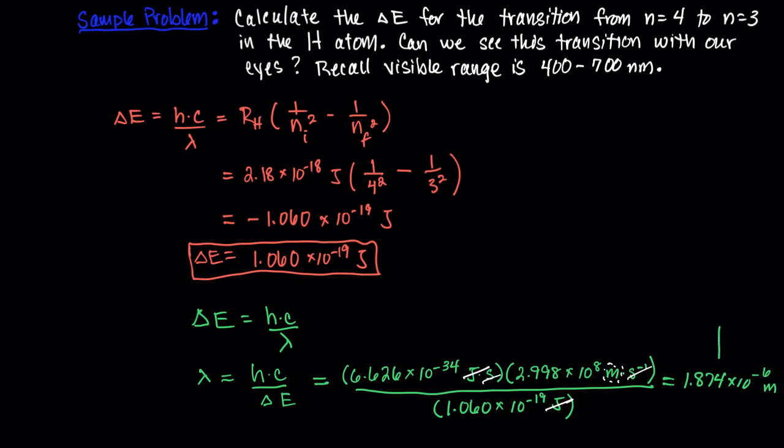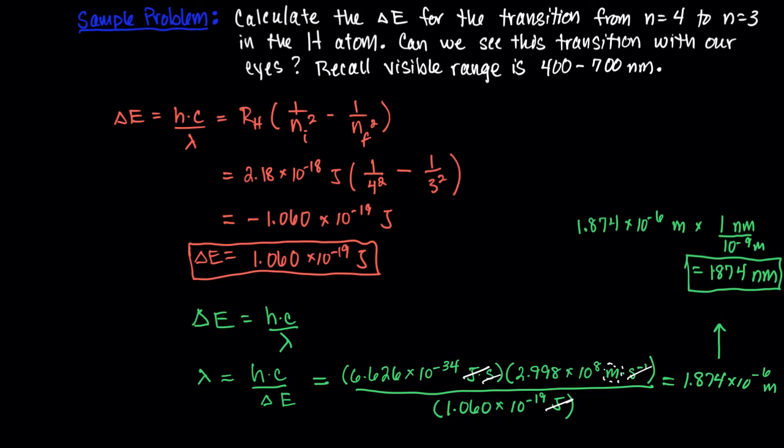So I'm going to go ahead and convert this into nanometers by taking 1.874 times 10 to the minus 6th meters and multiply that by 1 nanometer over 10 to the minus 9th meters, which gives me 1,874 nanometers. That is well outside of our visible range, so we can't see this electronic transition.